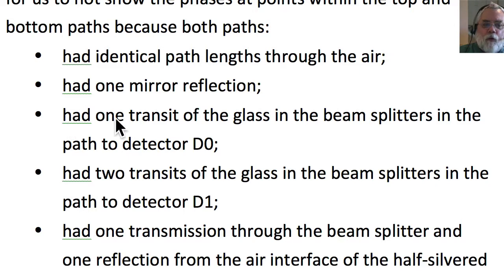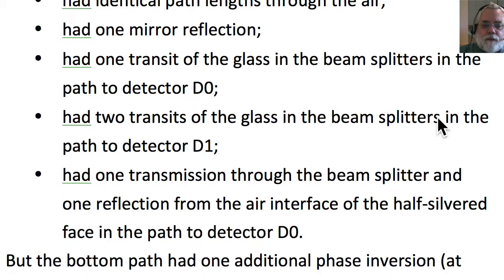Both paths had 1 transit of the glass in the beam splitters in the path to detector D0 and 2 transits of the glass in the beam splitters in the path to detector D1. Both paths had 1 transmission through the beam splitter and 1 reflection from the air interface of the half-silvered face in the path to detector D0.